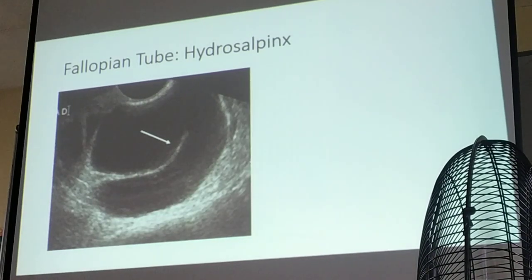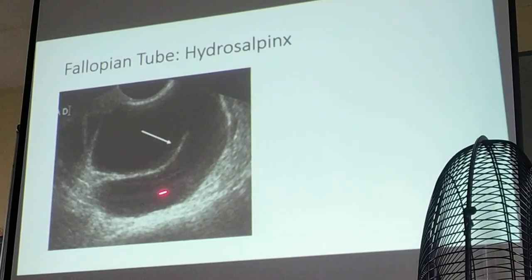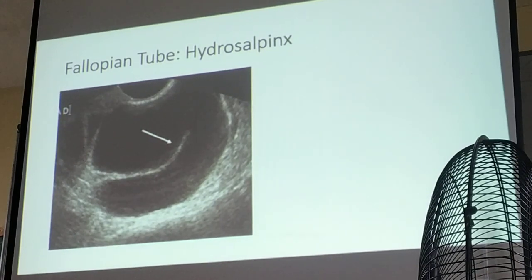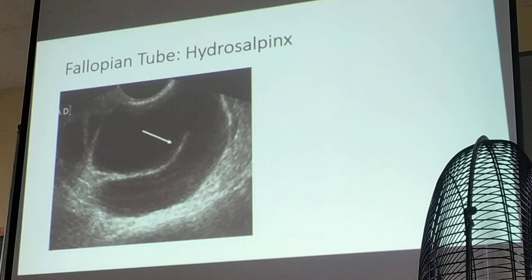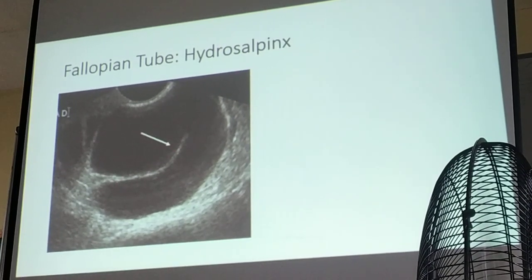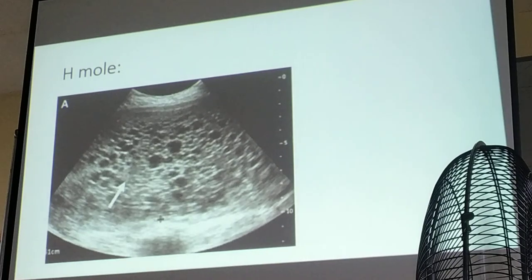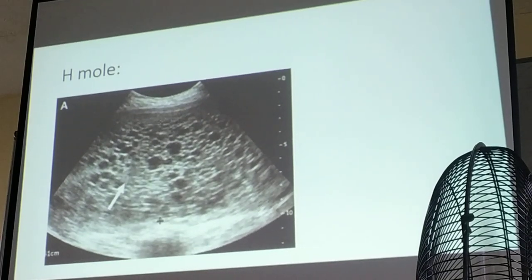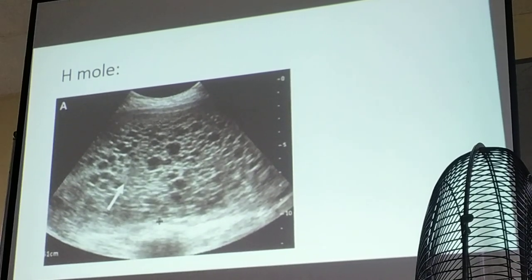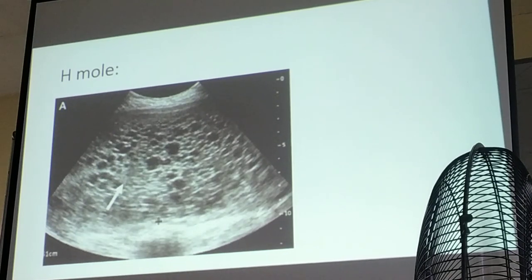There you are. So don't confuse yourself that this is the gallbladder. So you might be confused that this is your Phrygian cup later. Okay? This will definitely come out, the H mole.